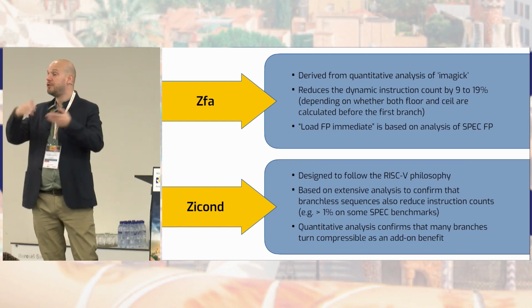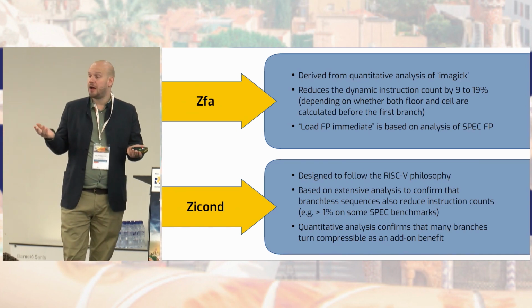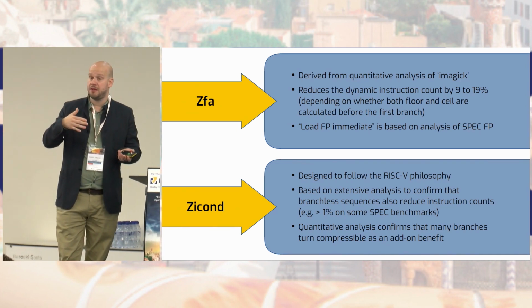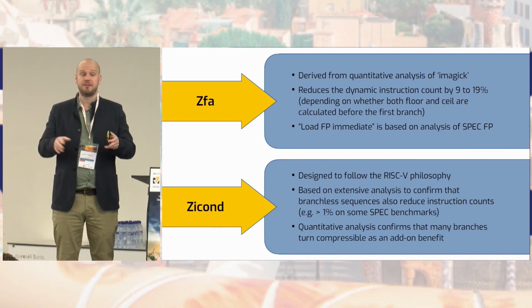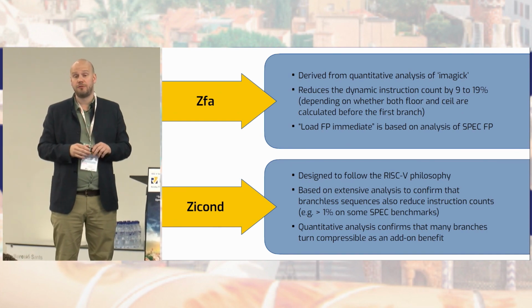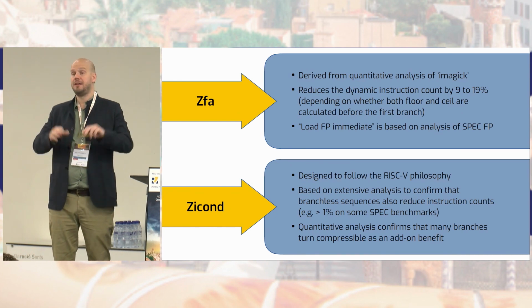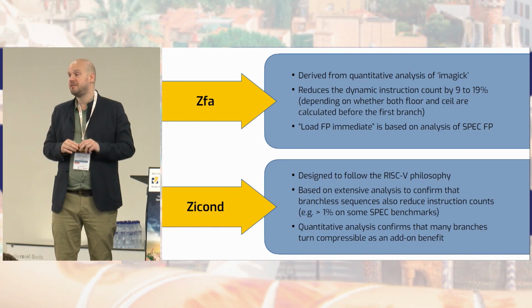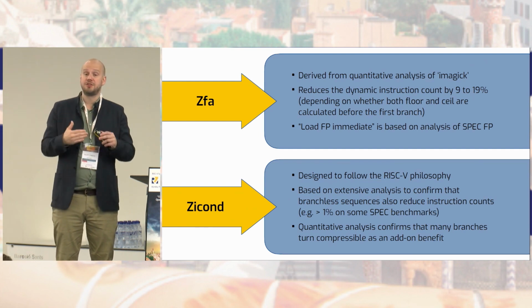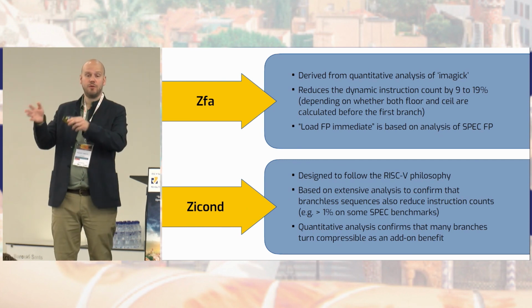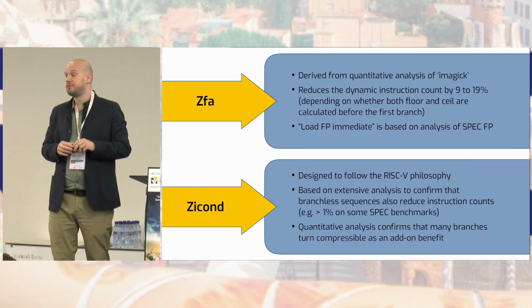Similarly, we have the loading of floating point constants directly as a floating point immediate. And in the design of that instruction, again, quantitative analysis: what kind of immediates are we seeing? Even now, late in the standardization process, there are still discussions about the quantitative observations from embedded versus larger software bases.